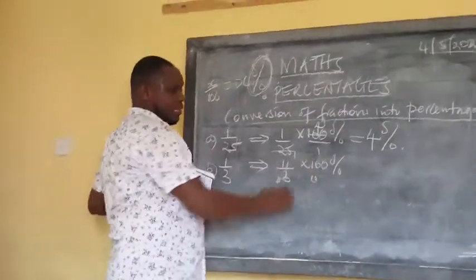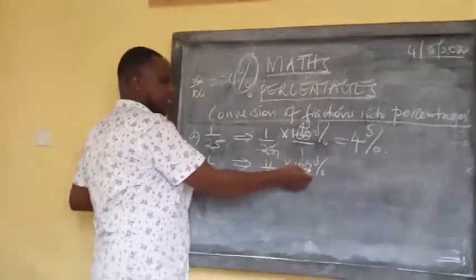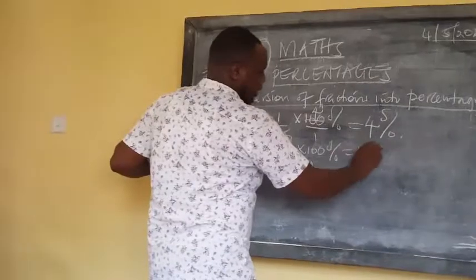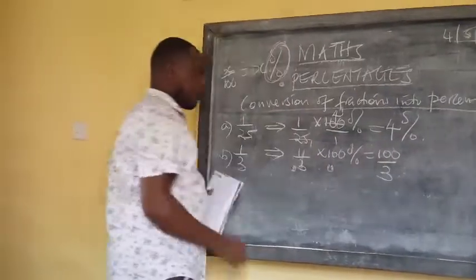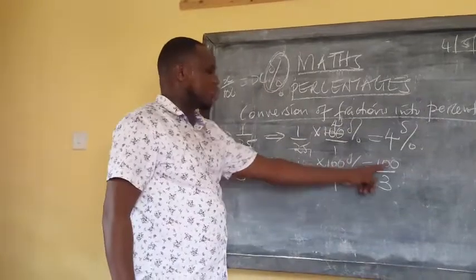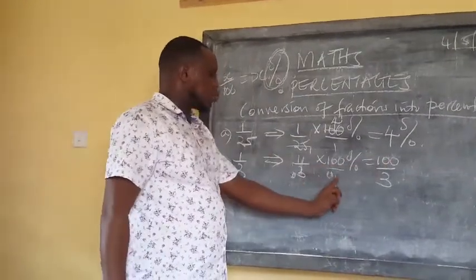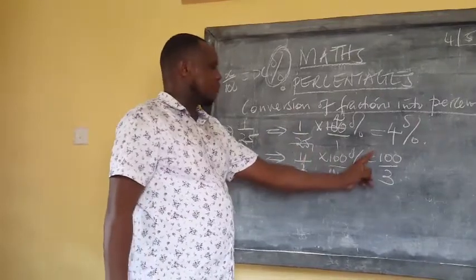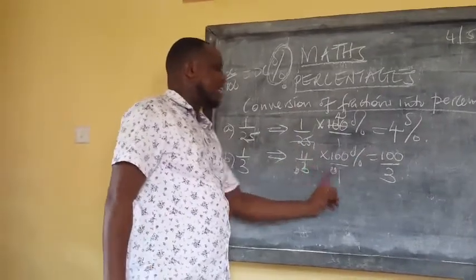So there being no common divisor, we are going to write this as 100 over 3. Look here, Lana. 1 times 100 is 100. 3 times 1 is 3. The numerators multiply them alone, and the denominators multiply them alone.